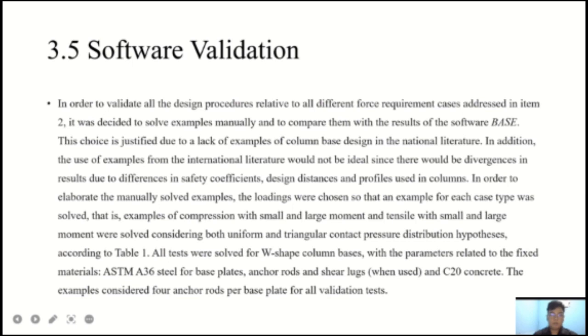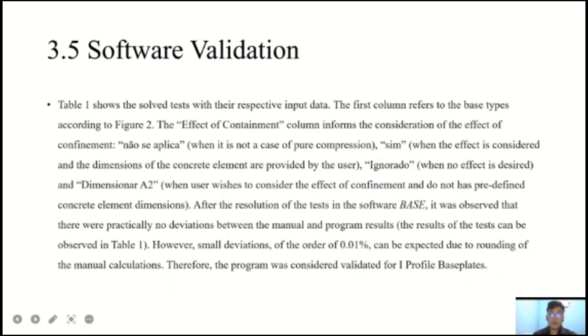Software validation. Table 1 shows the solved tests with their respective input data. The first column refers to the base types according to Figure 2. The effect of confinement column informs the consideration of the effect of confinement. Não aplica, when it is not a case of pure compression.